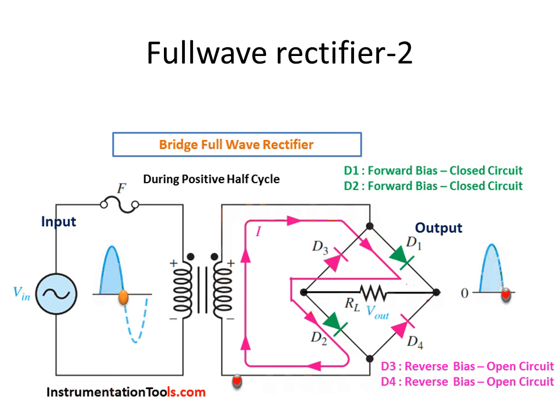First one is making use of two diodes, second one is making use of four diodes, and the maximum available voltage during positive cycle and negative cycle to the rectifier circuit is only half of the secondary voltage. Whereas in the case of bridge rectifier the entire secondary voltage is appearing across the rectifier. So that is one advantage. Voltage available will be more.